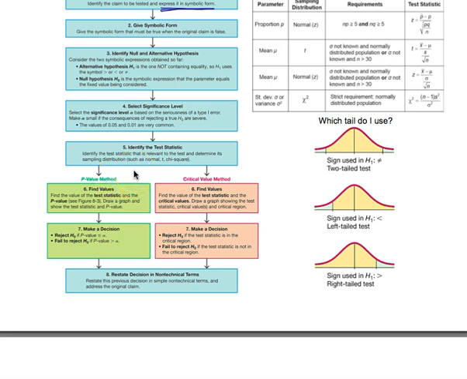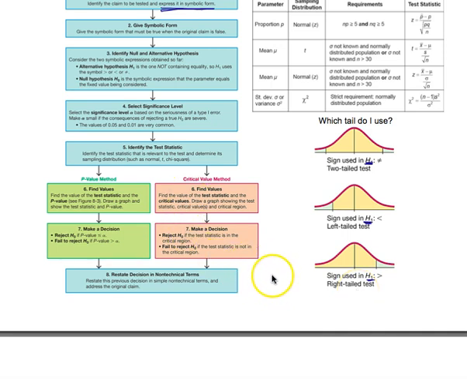This is always based on the sign of the alternative hypothesis. So notice this isn't the null, this is the alternative hypothesis. If we use a not equal to, that's a two-tailed test. If we use a less than, it's a left-tailed test, which I remember L and L. If it's a greater than, then it's a right-tailed test.